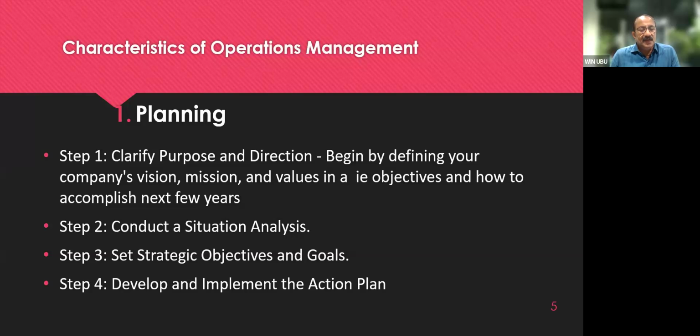Vision is the company's plan, the aspect the company is looking for. Mission means what they are going to achieve in the future years, and values and objectives are how to accomplish the next few years, along with all other aspects. So planning is the primary element of operations.